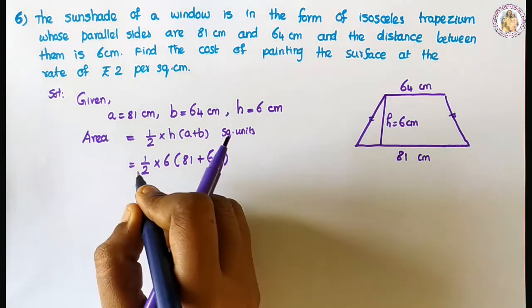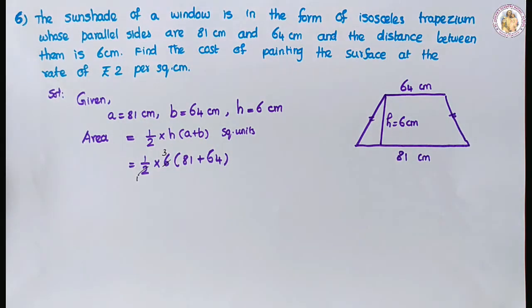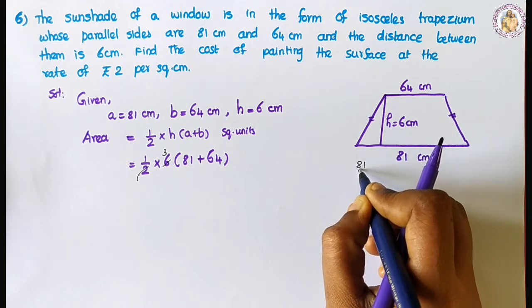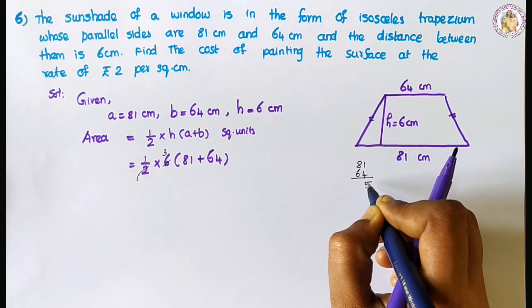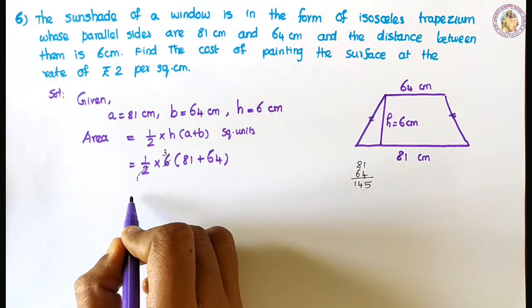Now cancel the numbers. 2 1 is 2, 3 2s are 6 and 81 plus 64 is 145.